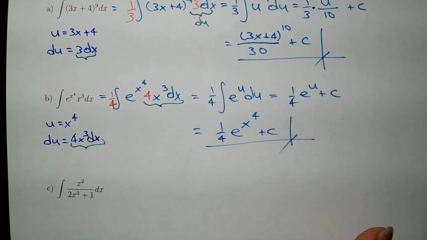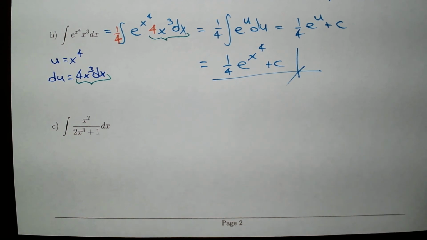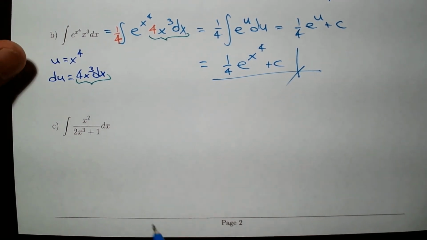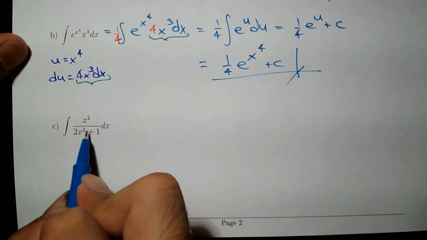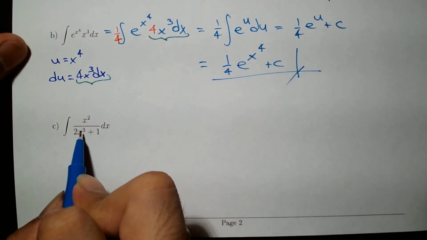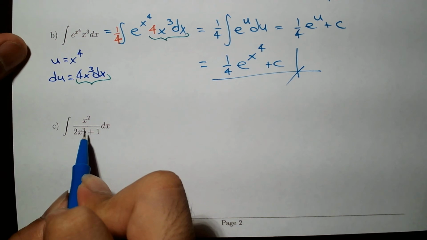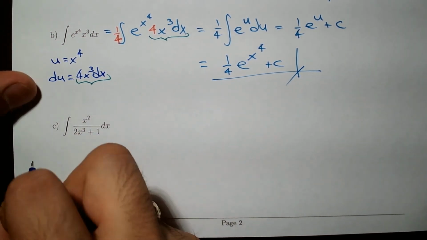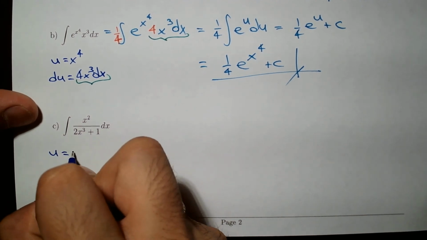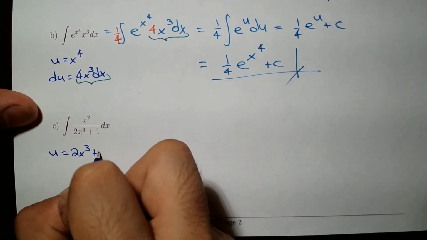Let's do one last example illustrating integration by substitution. Again, look at the exponent of the denominator, which is 1 degree higher than the degree of the numerator. So in this case, it's going to work to set u as 2x cubed plus 1.